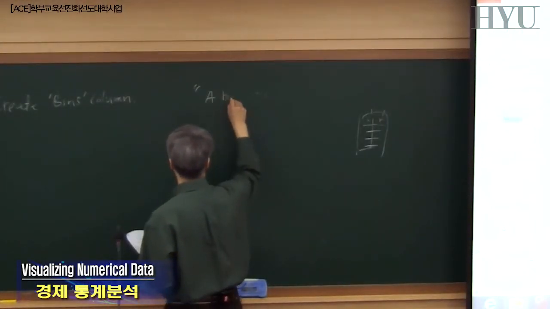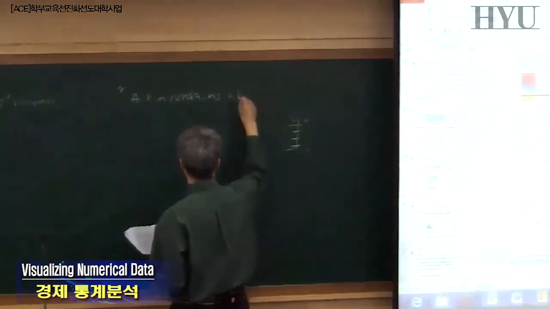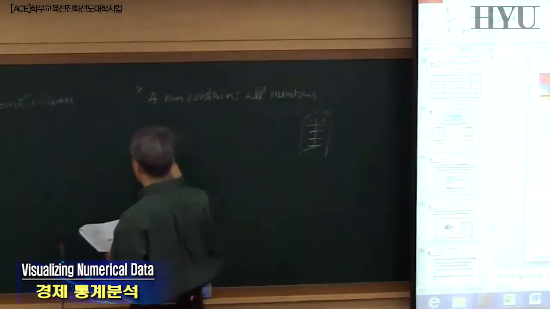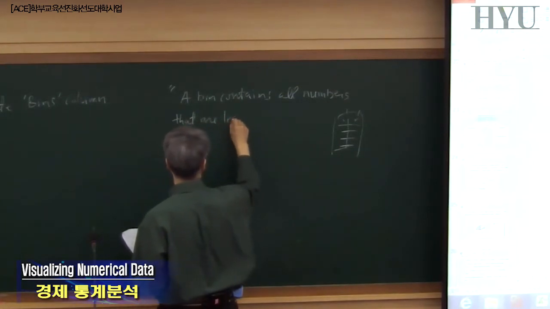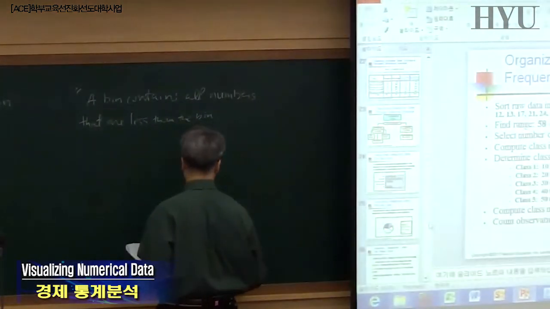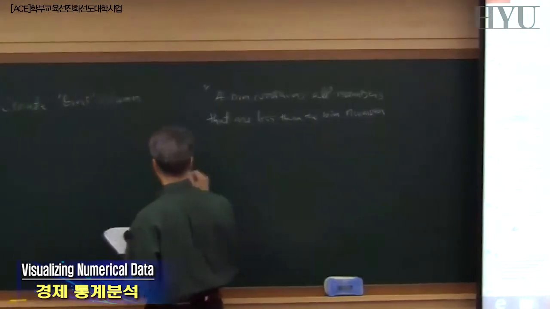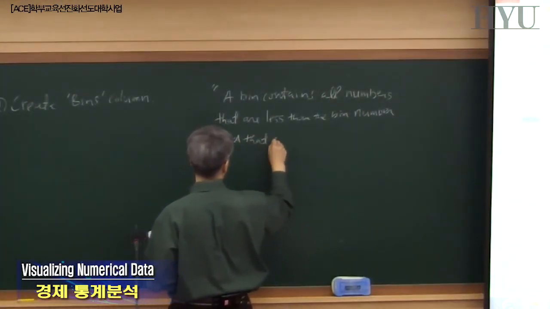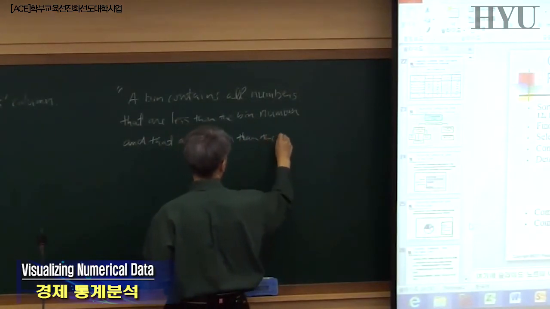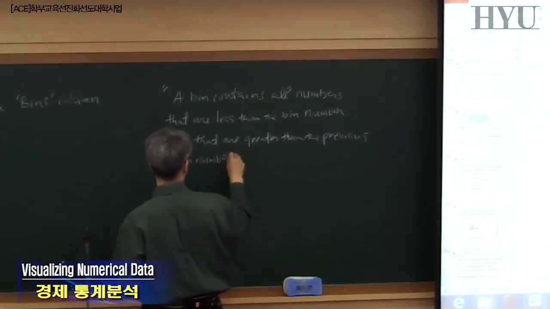A bin in Excel contains all numbers that are less than the bin number and that are greater than the previous bin number. Okay.